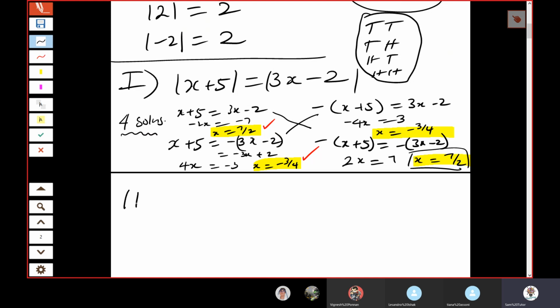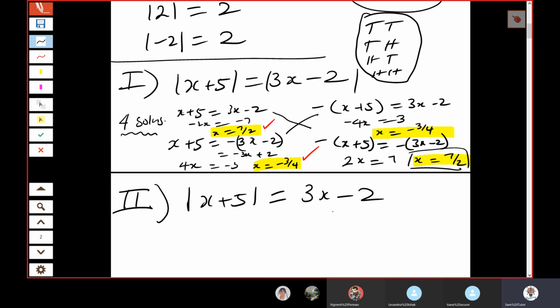The one you will have a problem with is this one. Absolute value of x plus 5 equals 3x take away 2. What's the problem here? Left-hand side's always positive. Right-hand side? Negative. Not always positive. You can't say that.